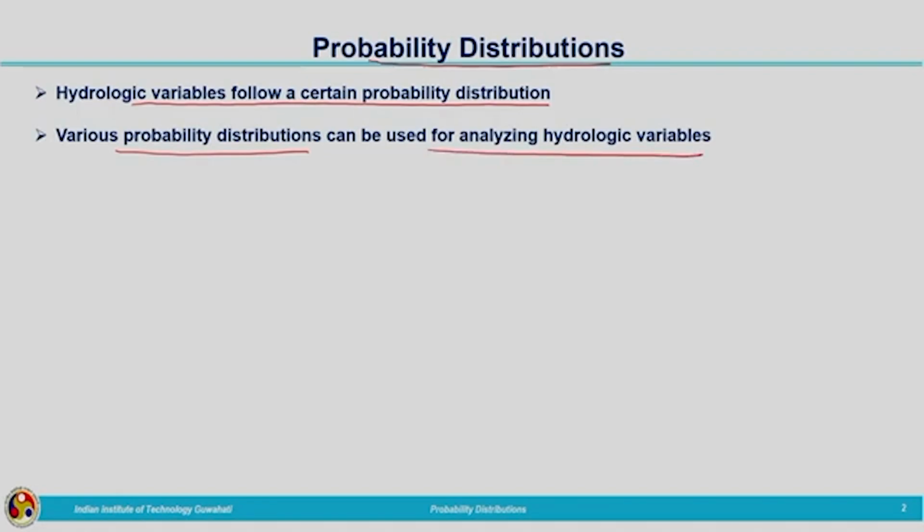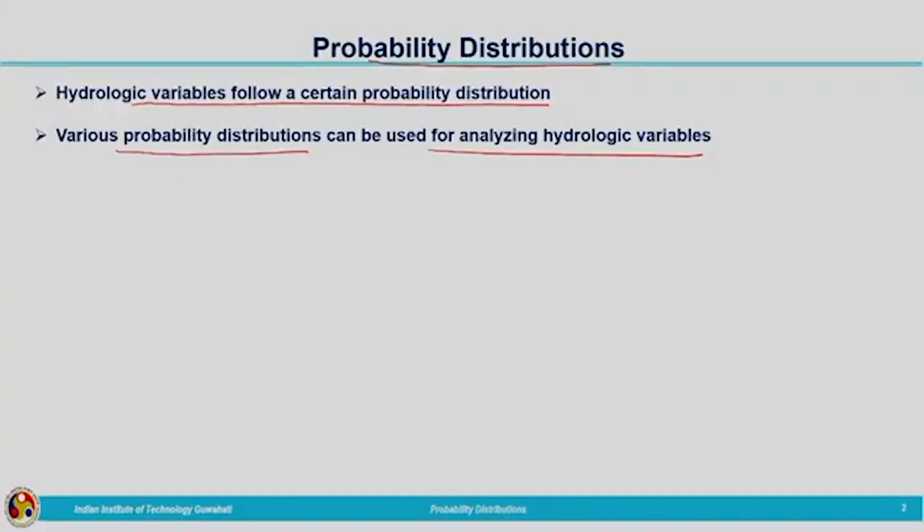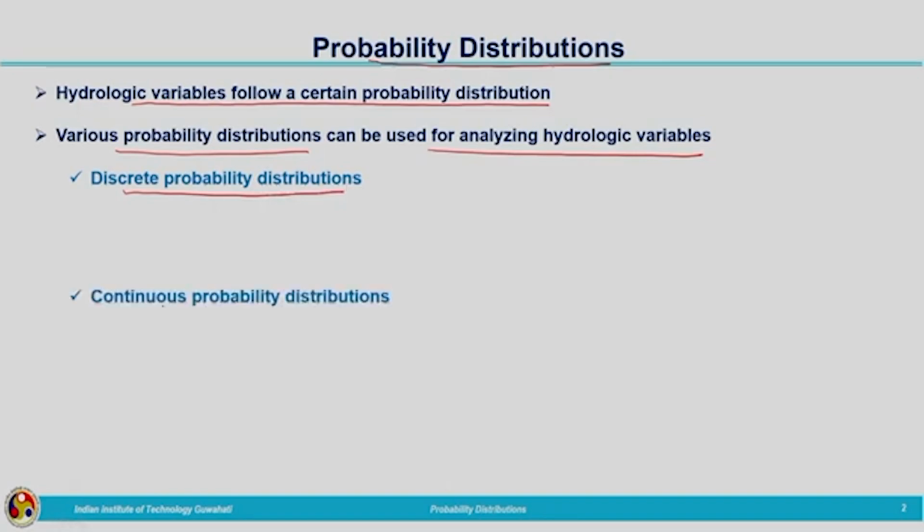Various types of probability distribution functions are there, but depending on the type of the variable which we are dealing with, a certain kind of probability distribution will be followed. So, the majority of the probability distribution functions which we use in hydrologic analysis we will discuss here: discrete probability distributions and continuous probability distributions. Discrete probability distributions are related to discrete random variables, and the continuous probability distributions are related to continuous random variables.